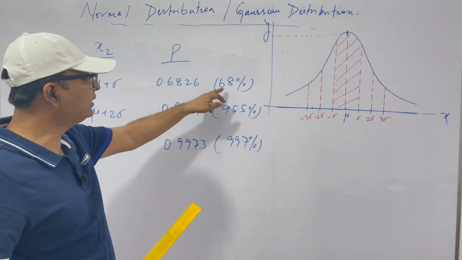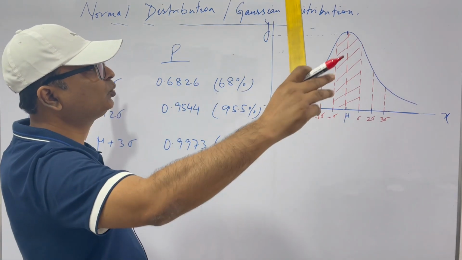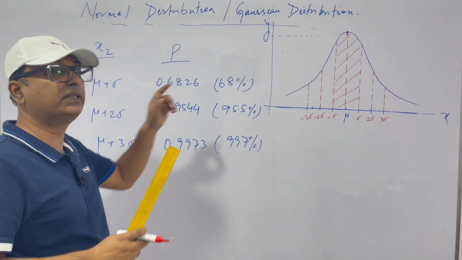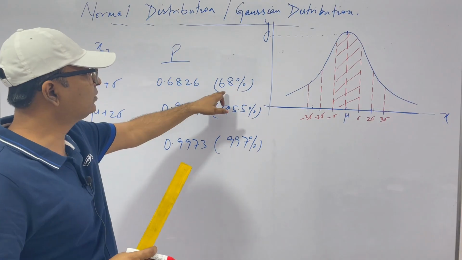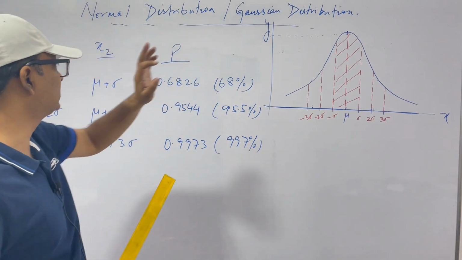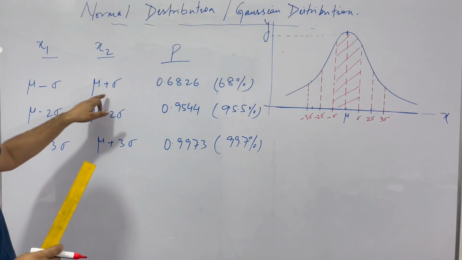It means it is about 68% of the total area. If you take from minus infinity to infinity, that curve y dx, then this will be about 68%. That is mu minus sigma to mu plus sigma.